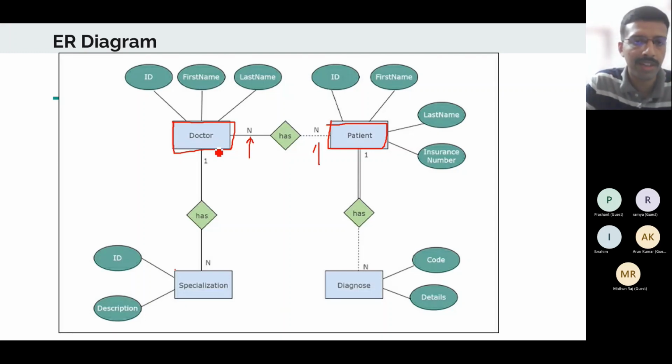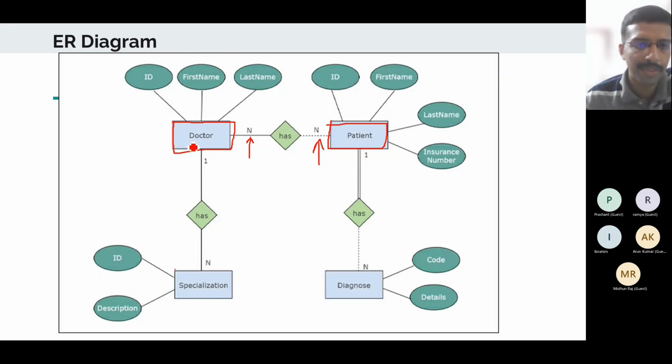So what it means is that any doctor can have many patients, and any patient can have many doctors, right? Because a doctor may be seeing 100 patients in a day, whereas a patient going to a hospital may see a general physician first, then be referred to an ENT doctor, then maybe to another surgeon. So a patient can be seen by multiple doctors.